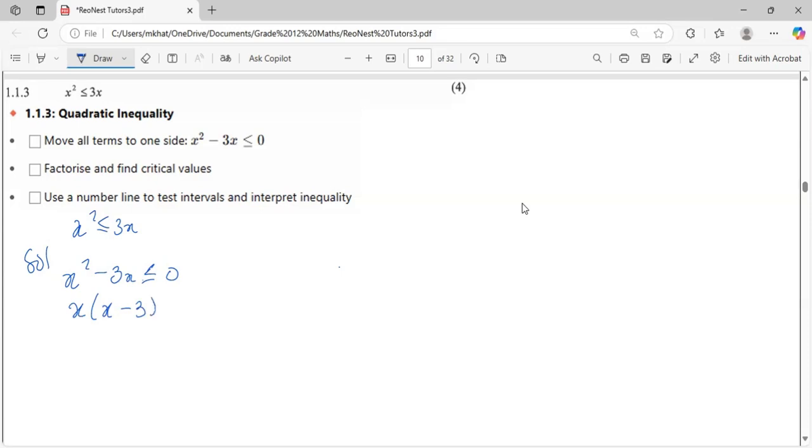Okay, so from here, since you're going to look for the critical points, this tells me that x is equal to 0 or x is equal to 3. Okay, all right.